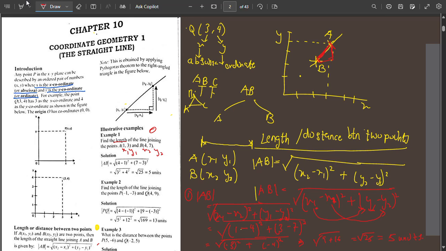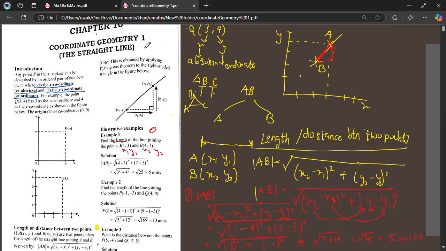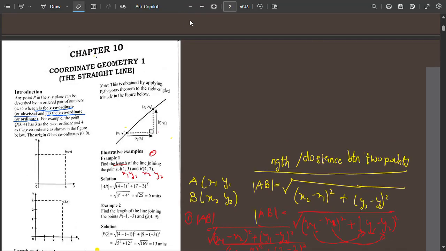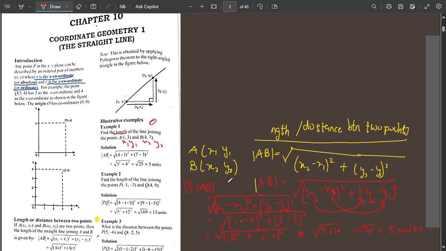Let's take example 2. Find the length of the line joining P and Q. So we are just looking for PQ.